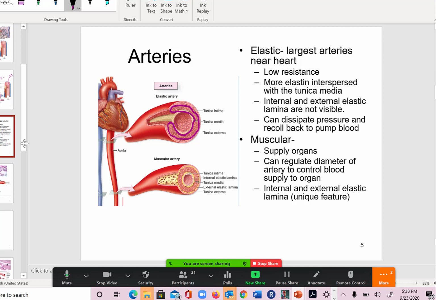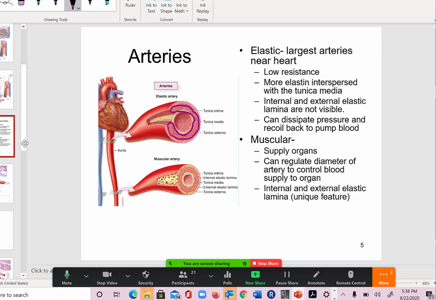They're going to organs. They also have very good elastic property. But what makes them very different from the elastic arteries is the arrangement of their elastic tissue. The elastic arteries had their elastic tissue threaded in between the smooth muscle cells within the tunica media.